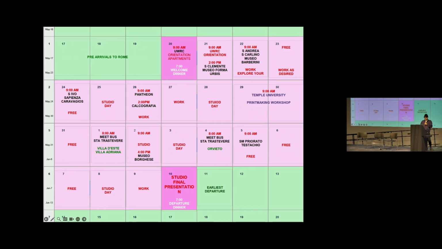And you can kind of see, this is a list of tours. Most of them, for the most part, will only take us half a day, and then you're on your own to go and explore the city, go to some alternative places that we won't be going to. And I'll get more into the details because we'll have at least one pre-meeting so that you'll know what to expect.